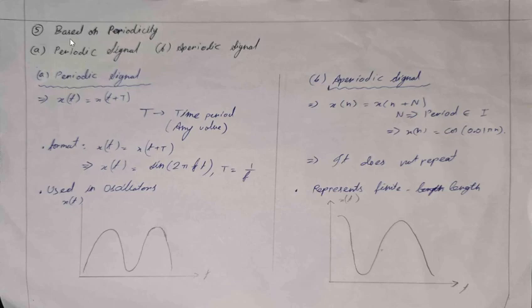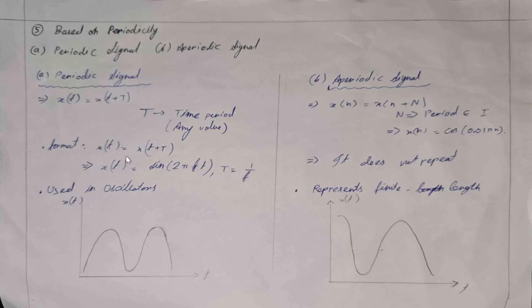Here the types of signals based on periodicity. First, periodic signal, and B, aperiodic signal. In a periodic signal we can see that x of t is equal to x of t plus capital T, where T is the time period.